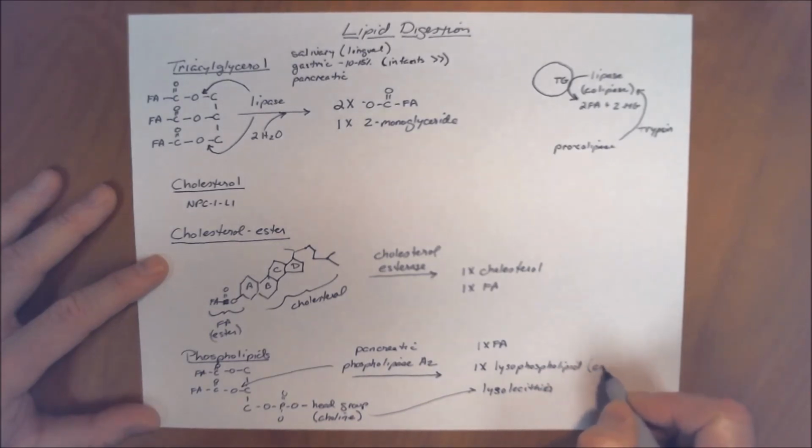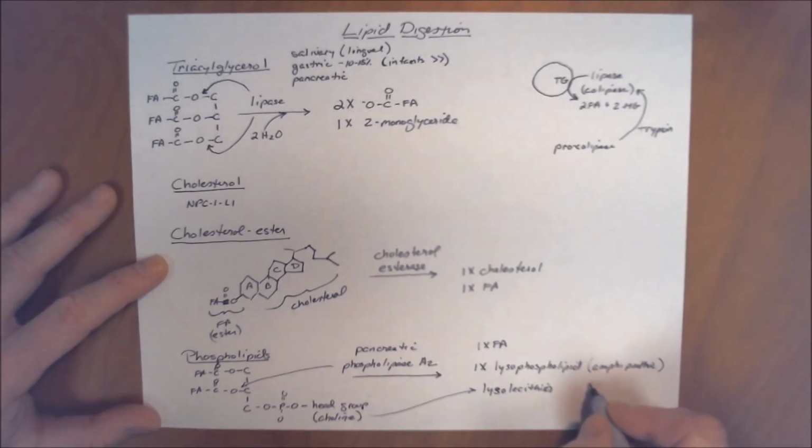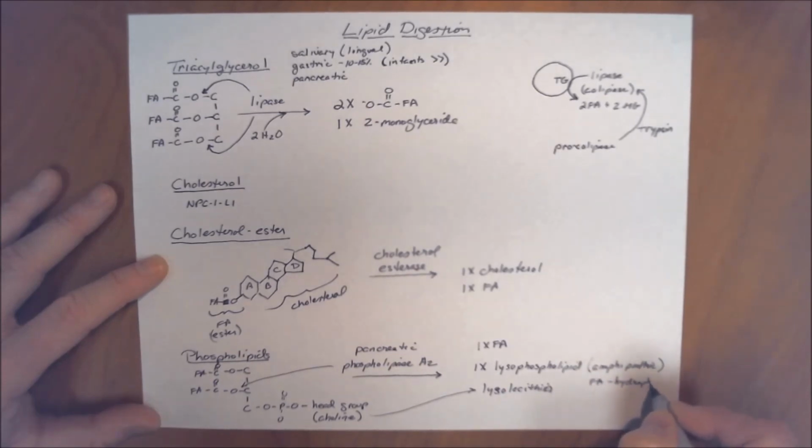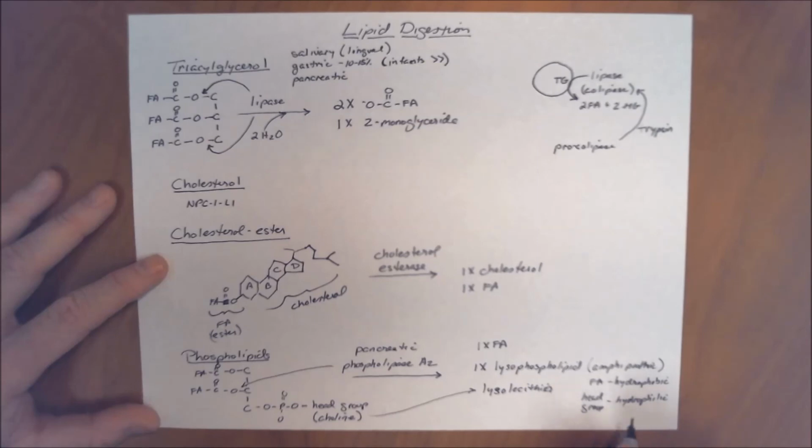This is an amphipathic molecule because we have a fatty acid, which is hydrophobic, and we have the head group, which is hydrophilic. By having this amphipathic structure, this lysolecithin, lysophospholipid structure aids in emulsification.